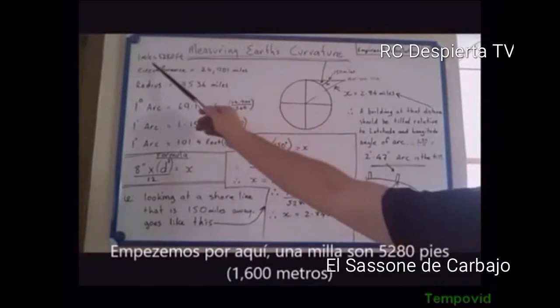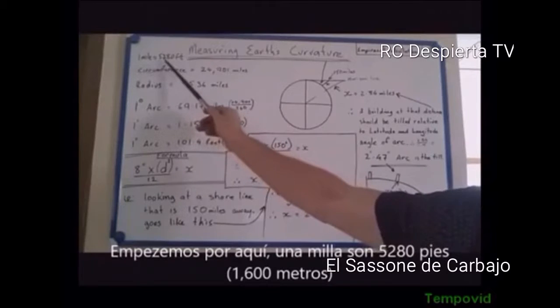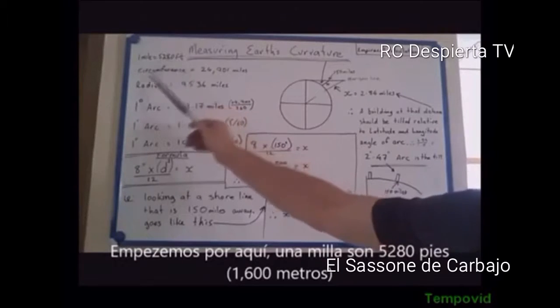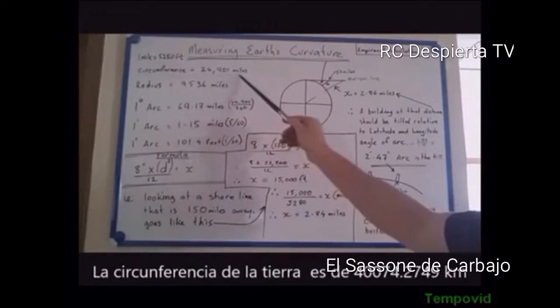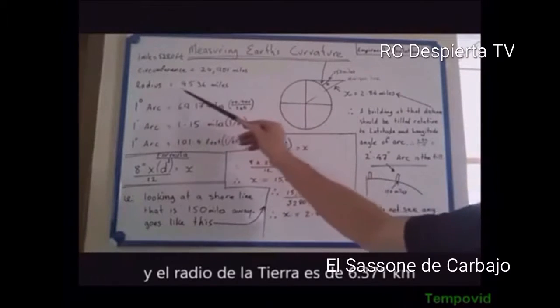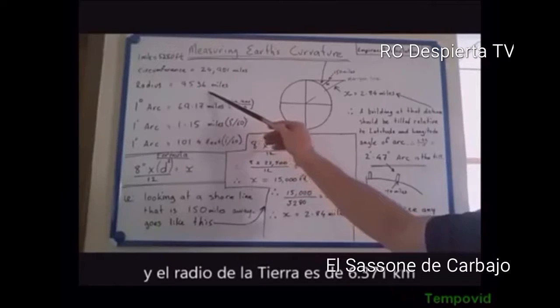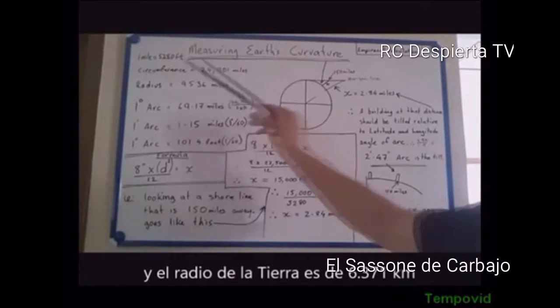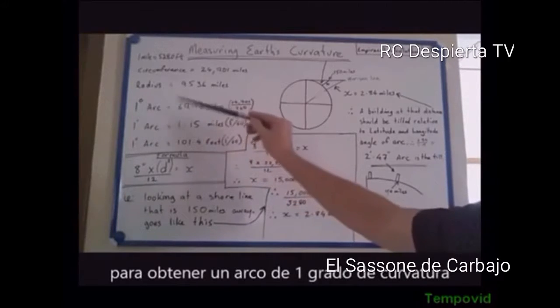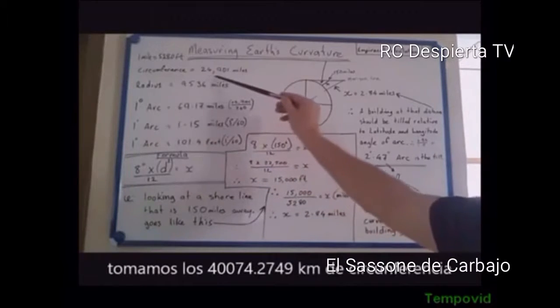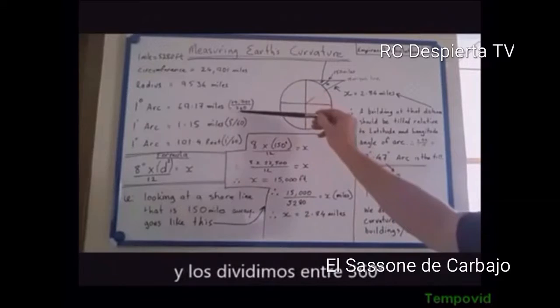Okay, starting from here, a mile is 5,280 feet. The circumference of Earth is 24,901 miles, and the radius is 9,536 miles. To get 1 arc degree of curvature, we take the 24,901 miles and divide it by 360 degrees.